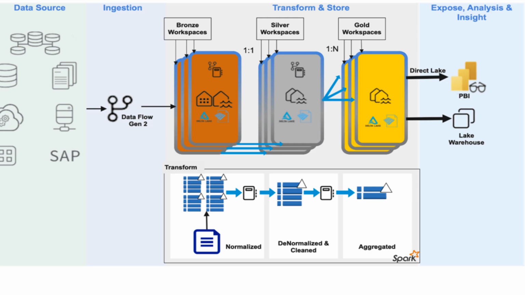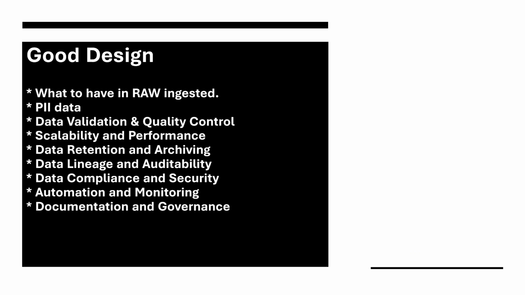So how do we build a good architecture and what are good designs? In good designs, we have raw data, and we have to take care of raw data in terms of PII data, personal information, which should be encrypted in a secure database as well.